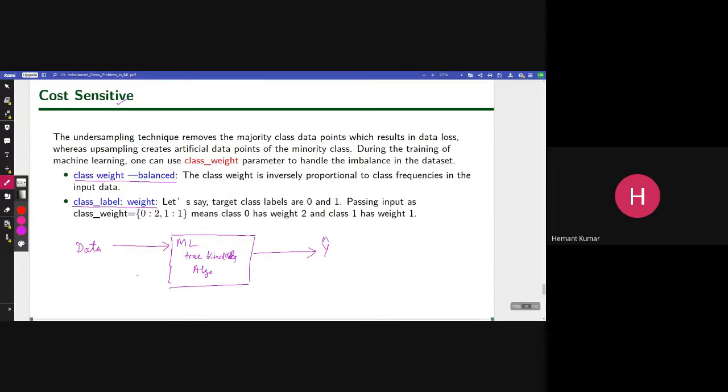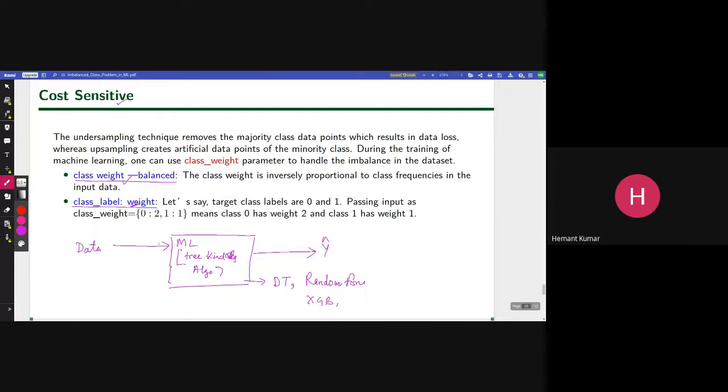In the tree kind of algorithm, class weight is one parameter, class weight is balanced, and class label is weight. So in that special kind of algorithm, it is a decision tree, random forest, XGBoost, or a gradient boosting tree, some tree kind of algorithms.